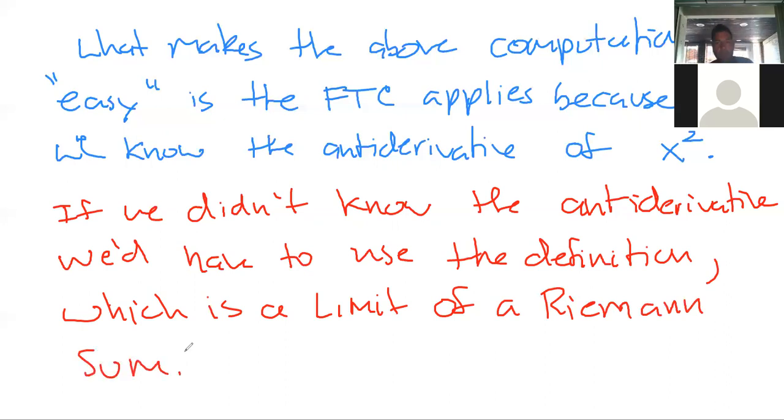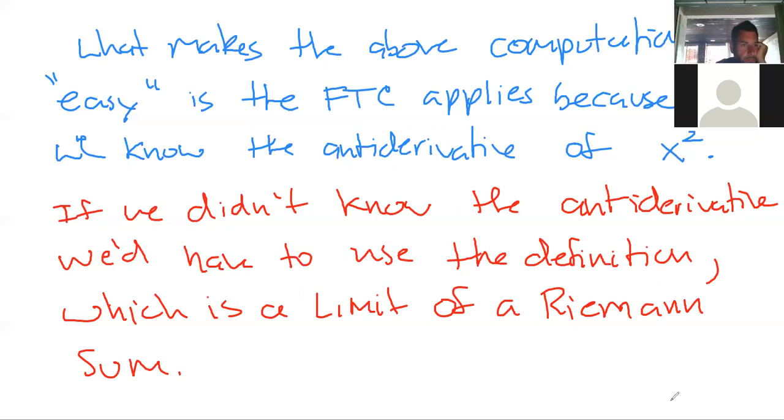At first, this seems like bad news, because it's a very complicated idea. But if we look at it from a different perspective, what it tells us is that, especially with technology on our side, we can easily approximate any integral using rectangles.